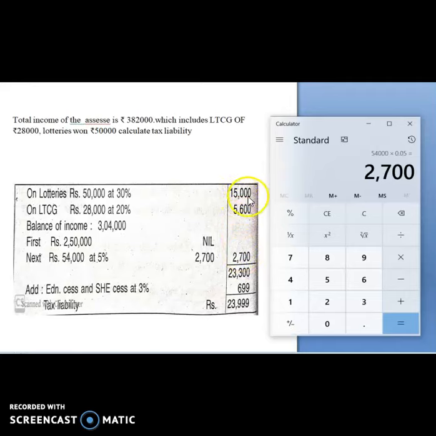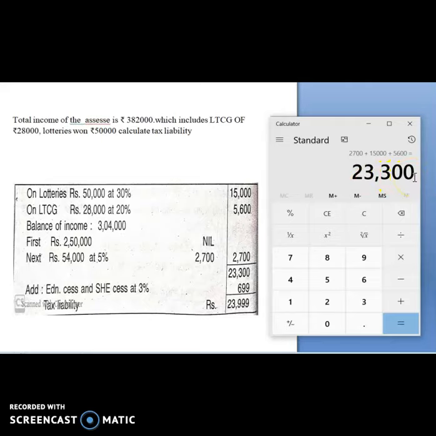When you do the total of the earlier tax and this tax, you get the total tax. On this total tax, calculate the cess, that is the secondary and higher education cess. The total tax calculated till now comes to 23,330.